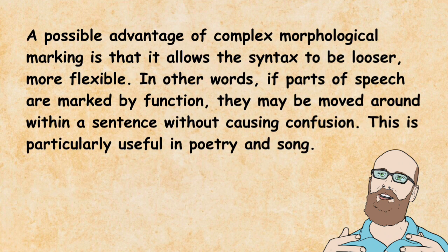A possible advantage of complex morphological marking is that it allows the syntax to be looser, more flexible. In other words, if parts of speech are marked by function, they may be moved around within a sentence without causing confusion. This is particularly useful in poetry and song.